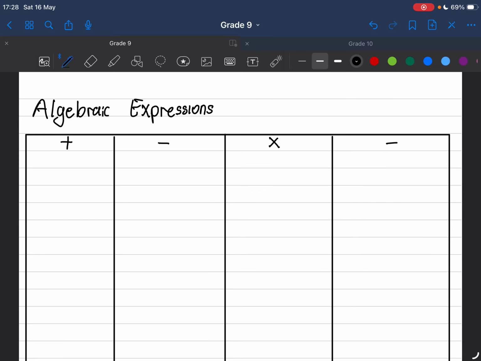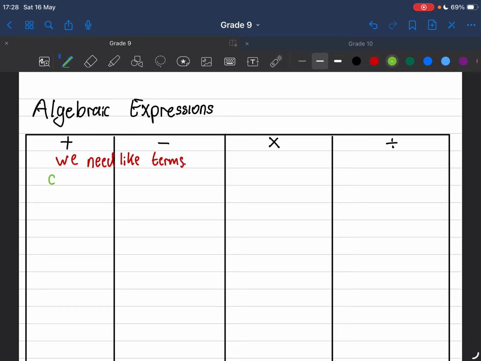Now, the first thing we need to understand is that when adding and subtracting, for these two columns, number one, we need like terms. Very important.